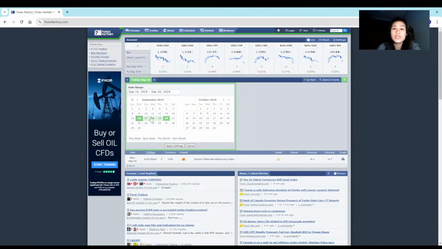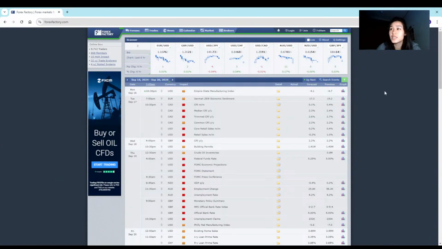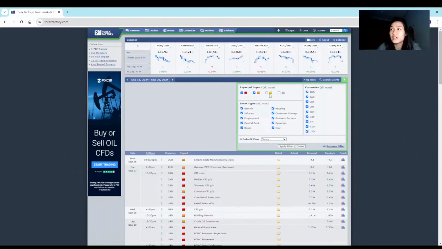Since we're looking at this upcoming week, I'm going to look at 16th to 20th, apply settings, and you can see that I have it filtered to only look at the orange and red icons. So this is the medium to high impact events. But you can also click on the screen filter and look at any low impact events or any non-economic events as well. That would probably include the bank holidays as well.